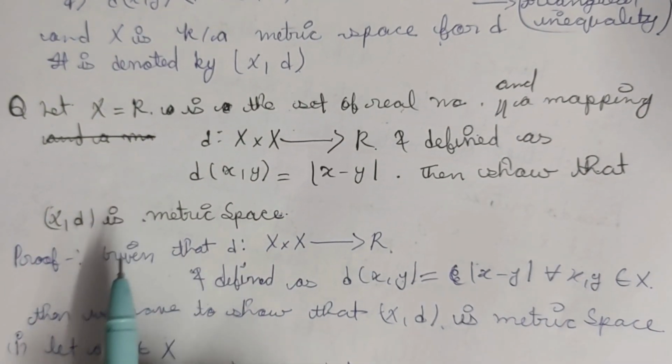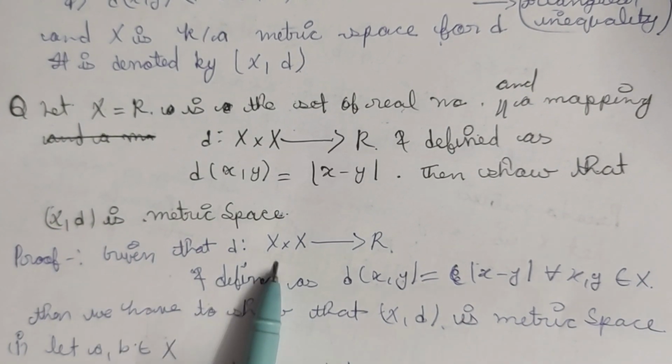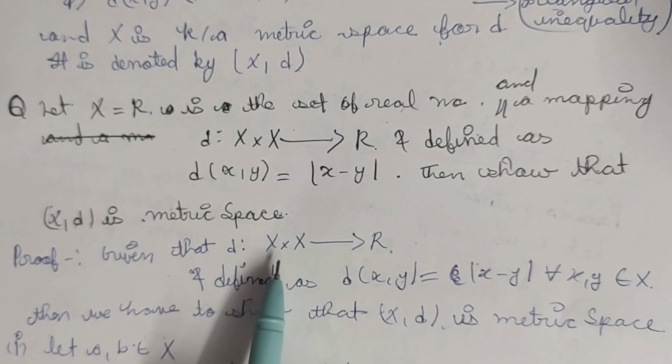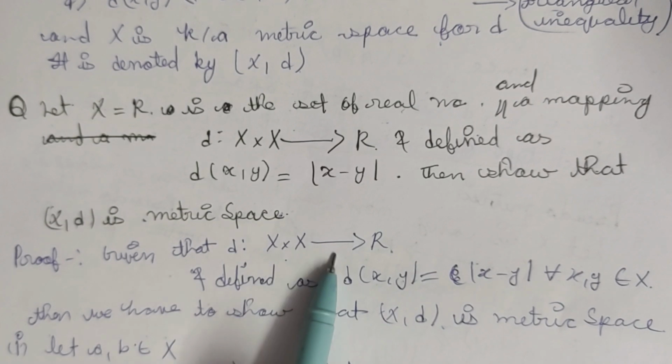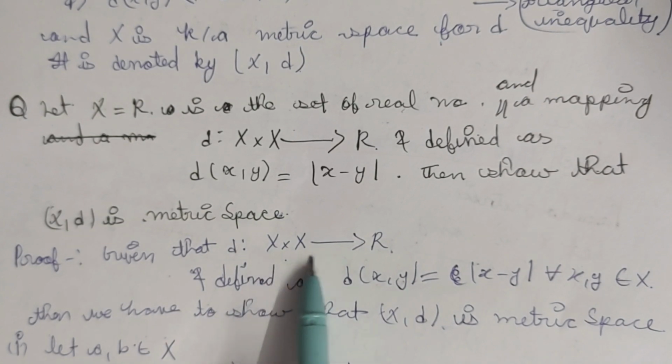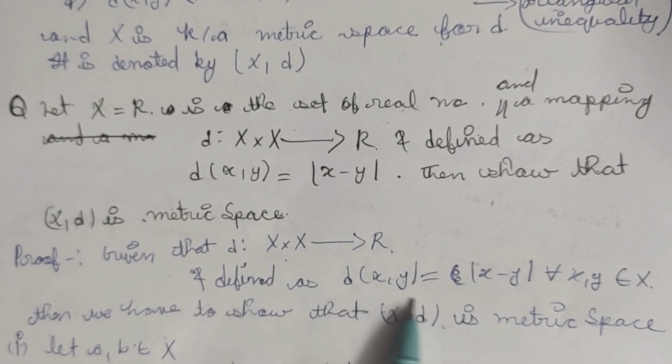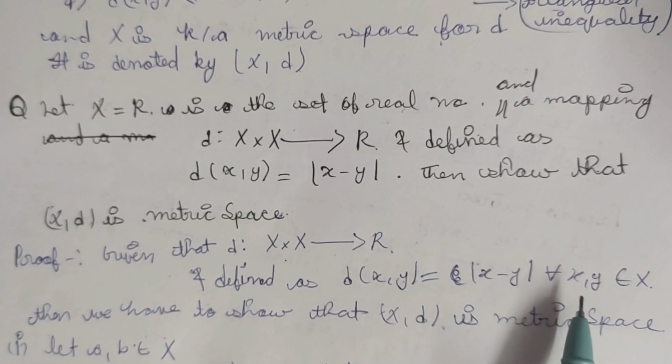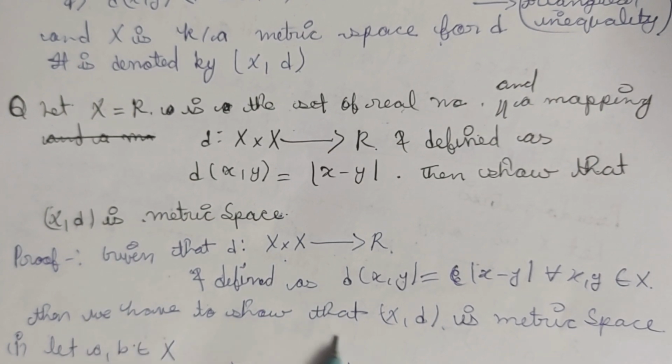So we are given a mapping from X cross X to R, defined as d(x,y) equals modulus of x minus y for every x, y belonging to X. Then we have to show that (X, d) is a metric space.